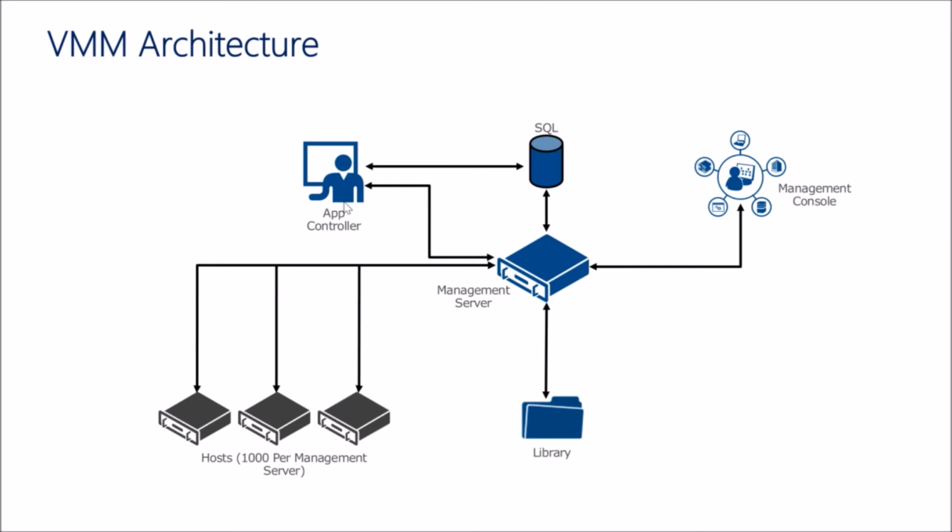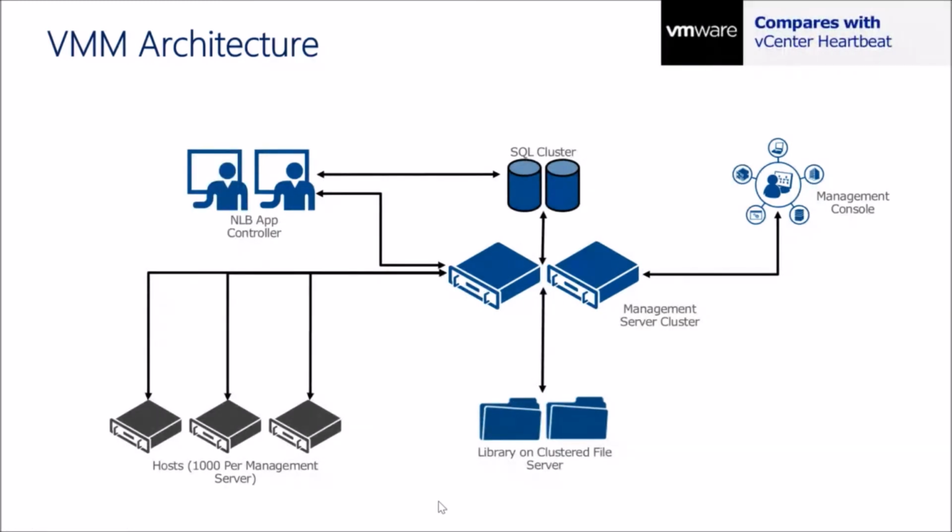All right, so if this is a management server that can manage 1,000 hosts, what if we need 2,000 hosts? Well, we just add another management server, and then we can have another 1,000 hosts. Or another thing is that if we only have one management server and we're managing those 1,000 hosts, what if something happens to this management server?